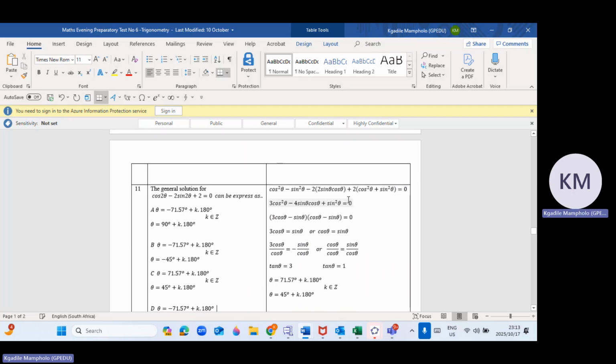Because now you have both, you have to create sine and cos. If you have a constant, that cannot be factorized, so you have to get rid of the constant by creating sine and cos.